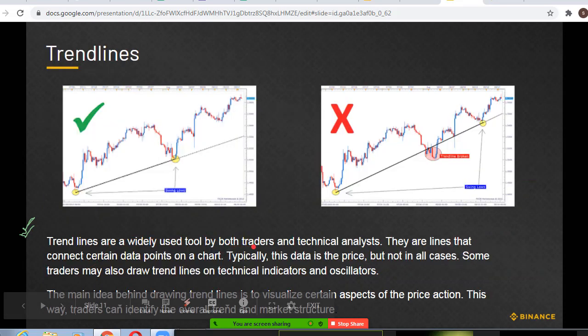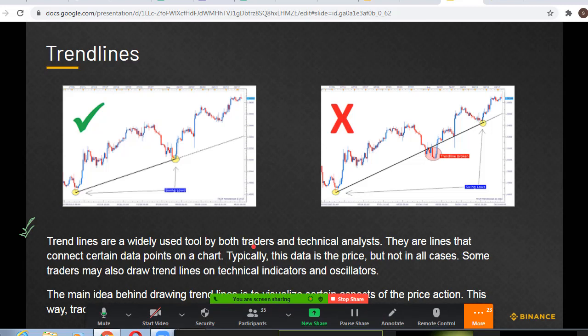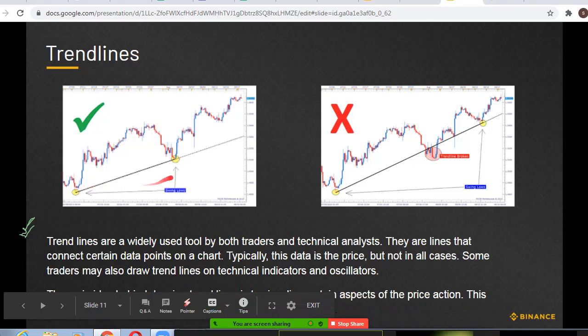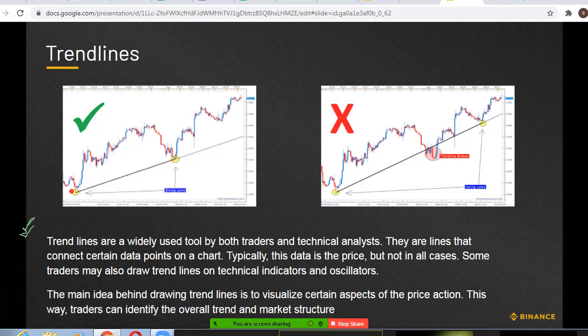All right, so the idea behind a trend line is that if a trend line, in this case, was drawn from this point to this other point, it means that if price comes back to this trend line, it will reverse up. Reason why? Because it obeyed here and here.